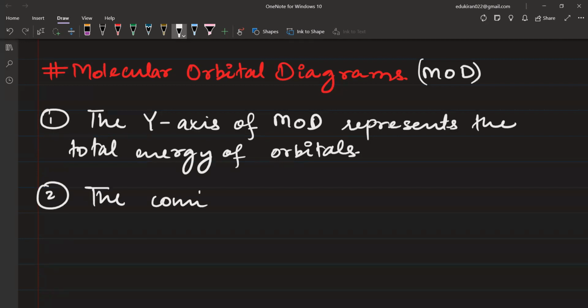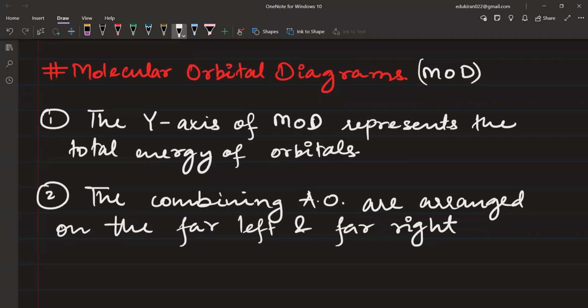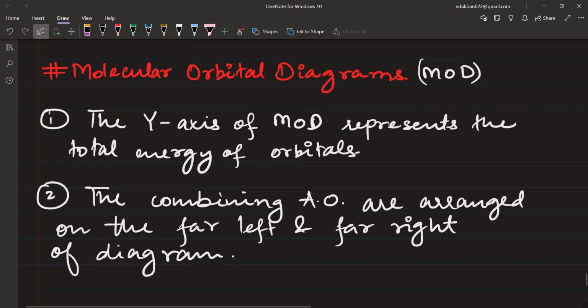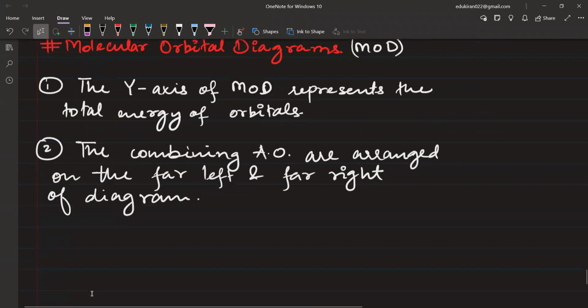The combining AOs, atomic orbitals, are arranged on the far left and far right of the diagram. Okay.